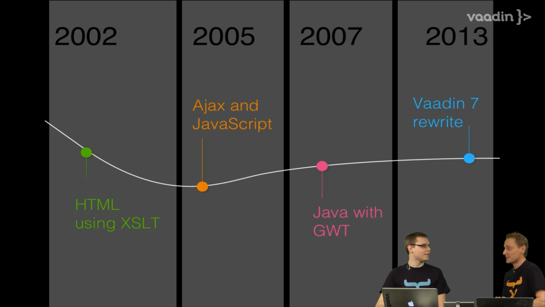Actually, the table was not really rewritten at that point. It was just refactored so that some parts of the communication were separated out, but quite a lot was still left there. Overall, it's basically the same component that has seen a lot of iterations over time.